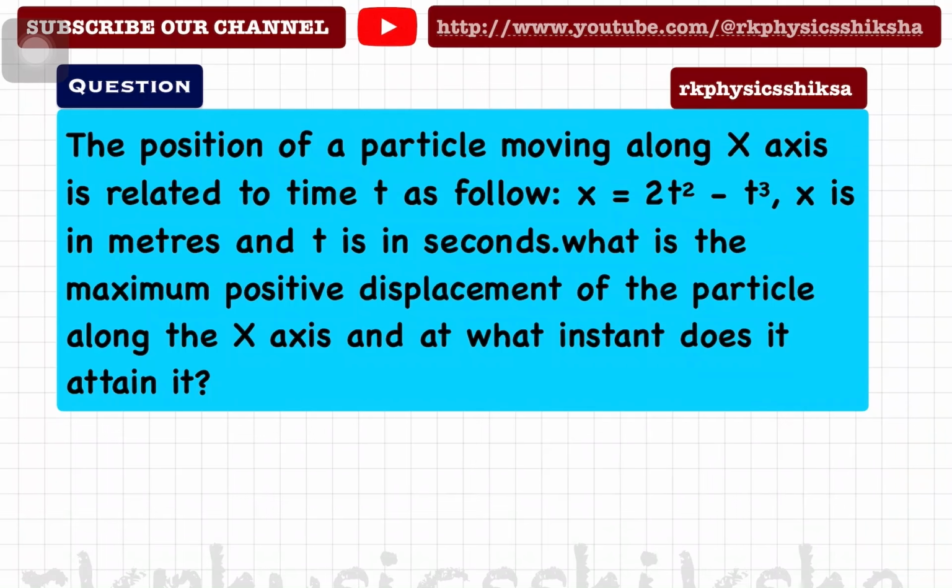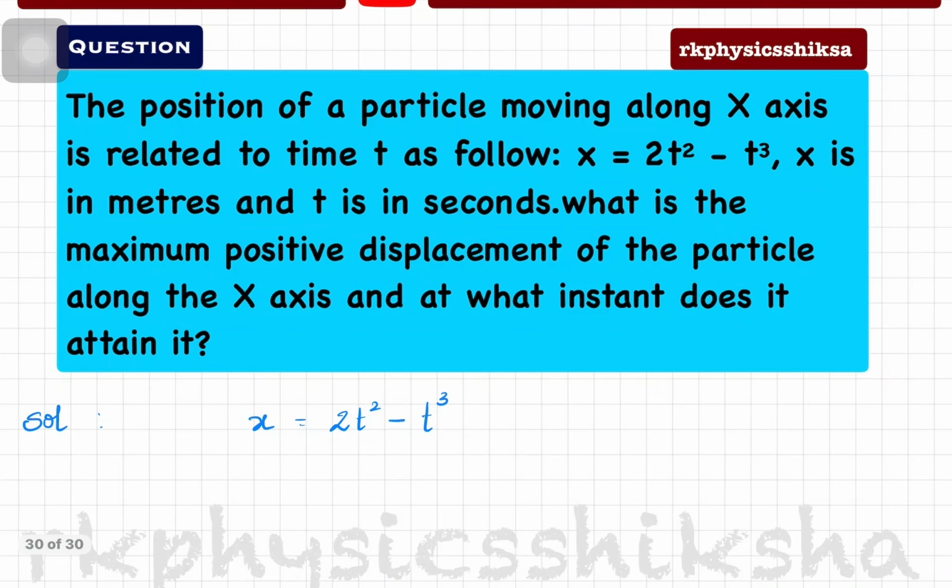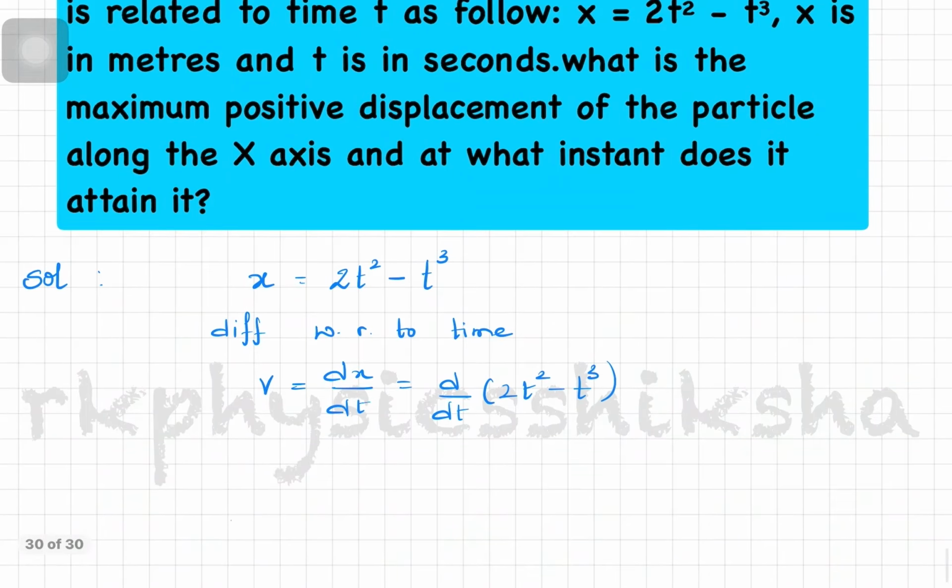So for that, we are provided with the displacement, which is x equals 2t square minus t cube. Now if you differentiate it with respect to time, we get the velocity, which is v equals dx by dt, that is d by dt of 2t square minus t cube.